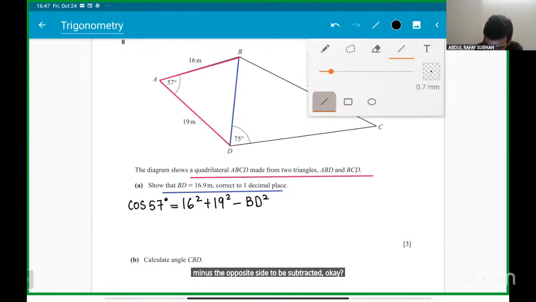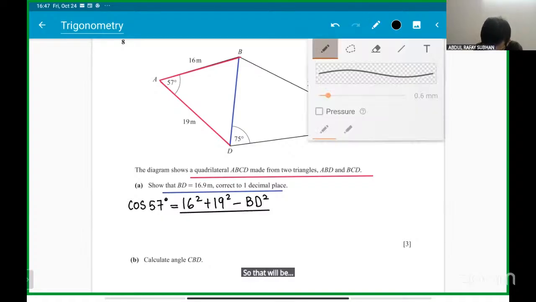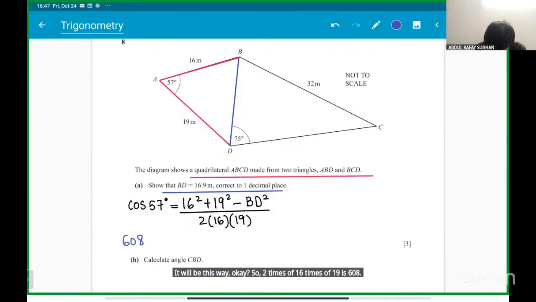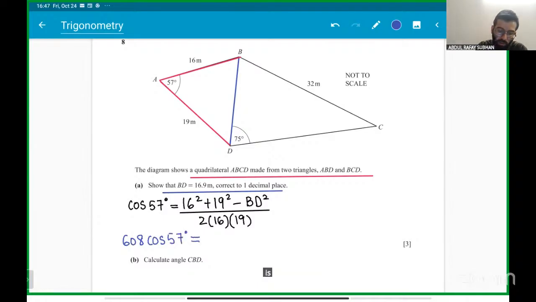So that will be 2 times 16 times 19. It will be this way. 2 times 16 times 19 is 608, times cos 57 degrees is equal to 16 squared plus 19 squared, which is 617, minus BD squared.